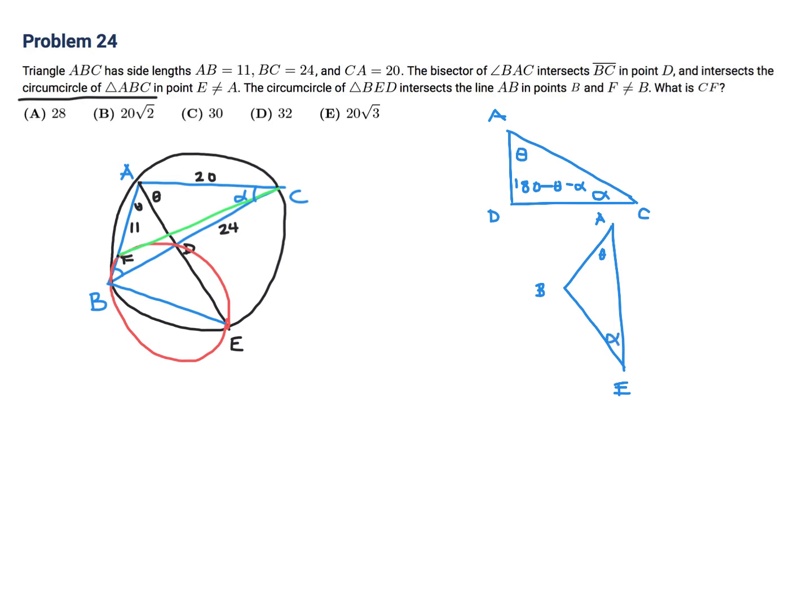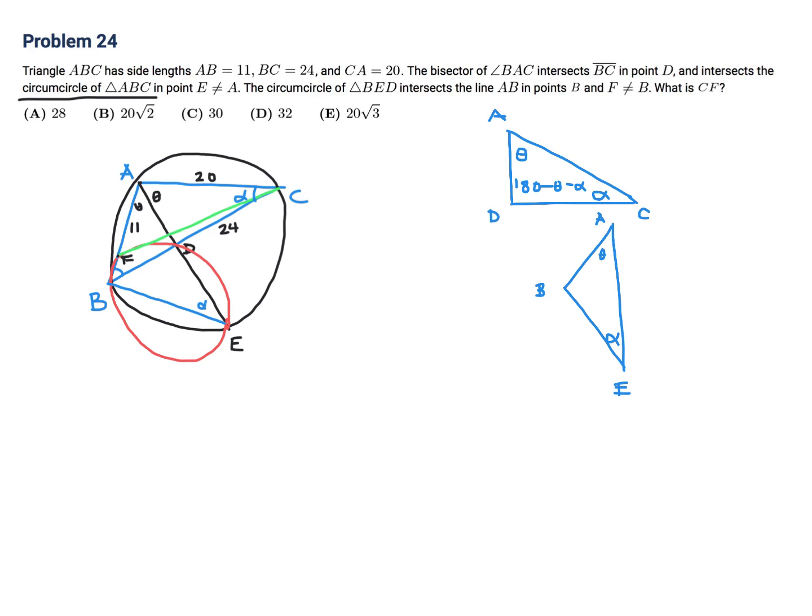Now you say, well, why is it alpha? Because if you look at the points A and B, they subtend alpha when you drop a line from A to C and from B to C. If you take A and B and drop a line to E, that's also going to be alpha.